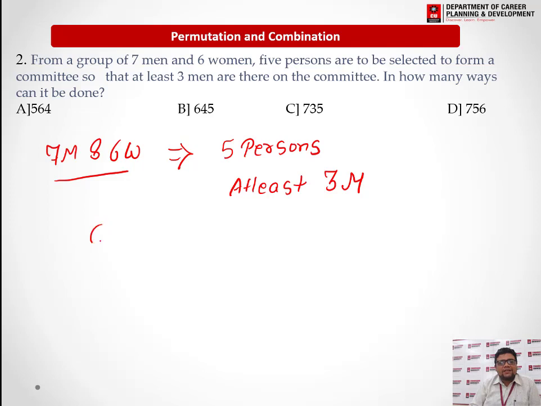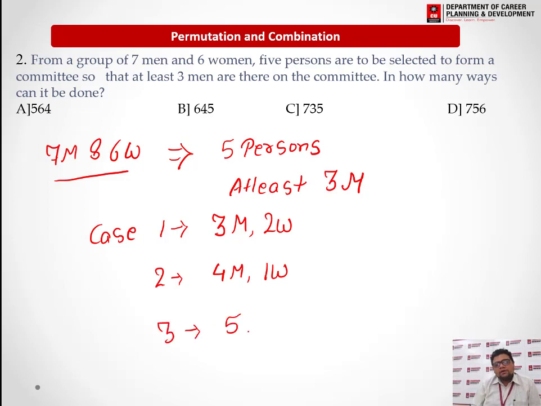So there are different cases. There will be 3 cases. Firstly, when there are 3 men and 2 women. The second case will be when there are 4 men and 1 woman. And the third case will be when all the 5 men are selected.